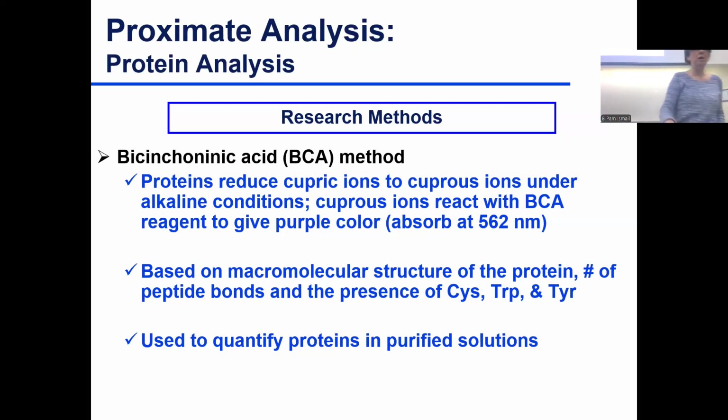A very common one we actually use in our lab is the BCA method, which is the bicinchoninic acid method. It's a mouthful, but you can say BCA. This method is based on the reduction capability of the protein. Proteins can be reducing agents.